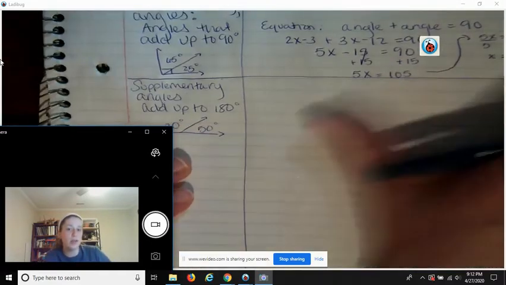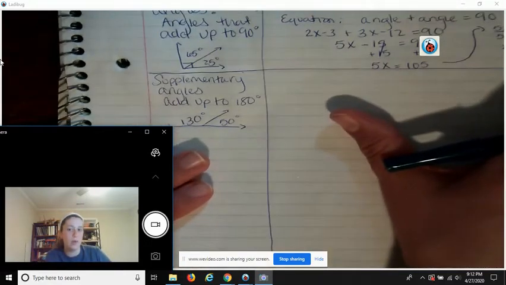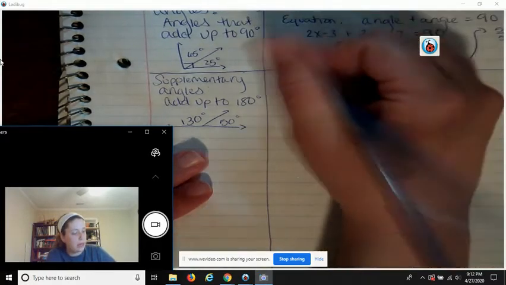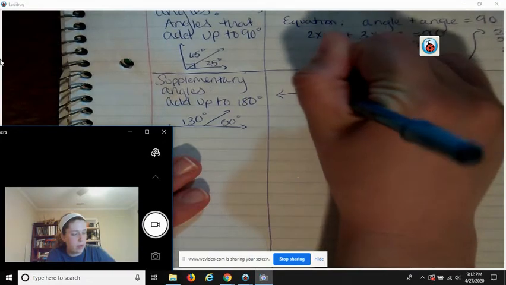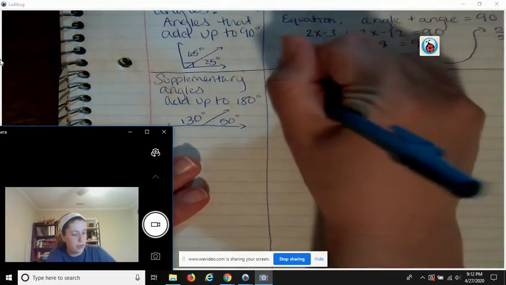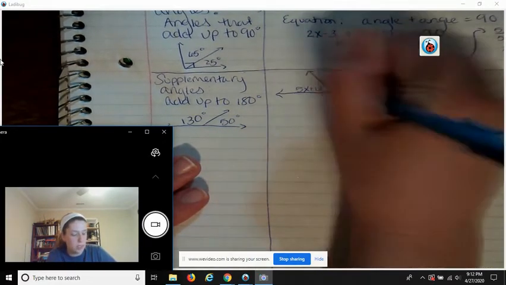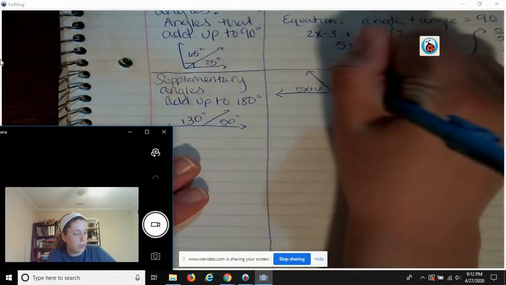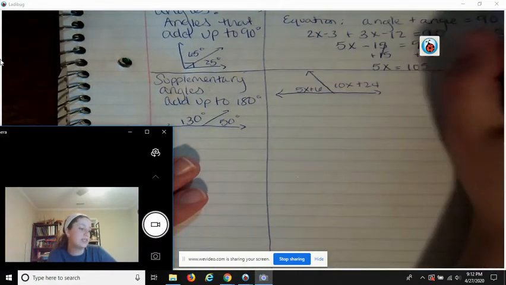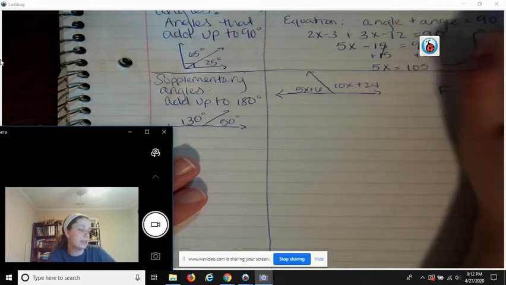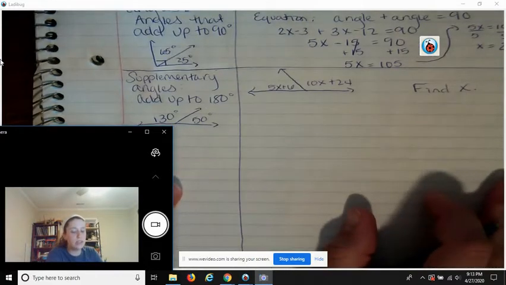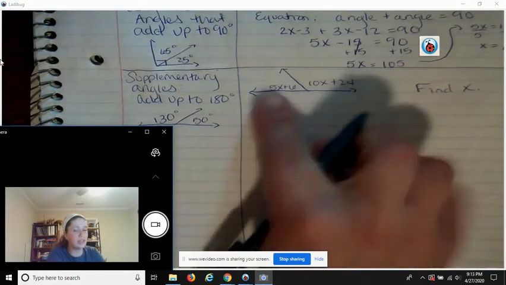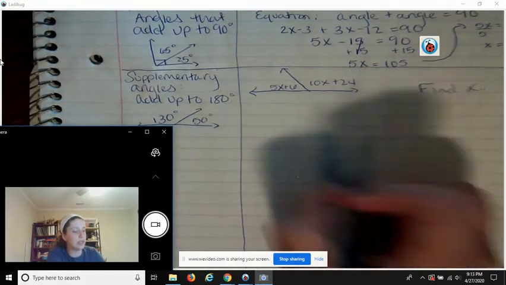And an example problem that you might see would be that they would probably draw out two angles, 5x plus 6 and 10x plus 24. Maybe they ask you this time just to find x instead of finding the angle measurements. Okay. So this time we know that these two add to 180 because we see that we have a straight line right here.